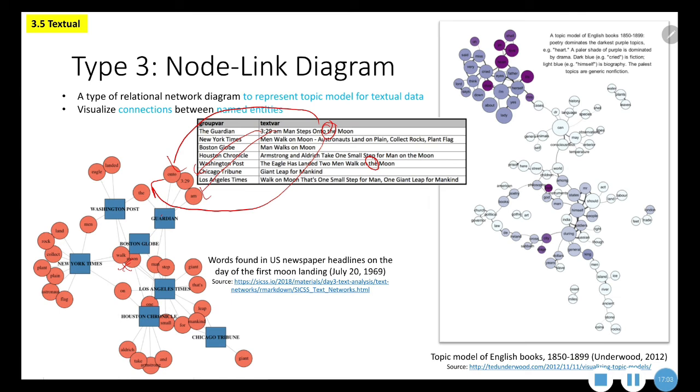The Washington Post has "eagle", "landed", and "man", but "man" is also used in the New York Times. Yes, the New York Times has "man", so that's why "man" here is connected with the New York Times as well. This is because it focuses on the words used in the newspaper headlines.